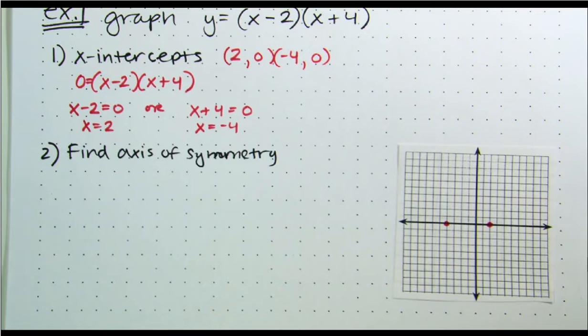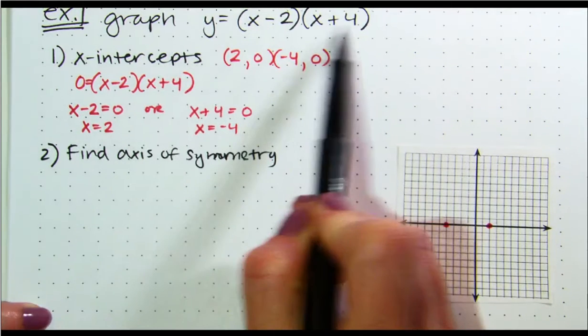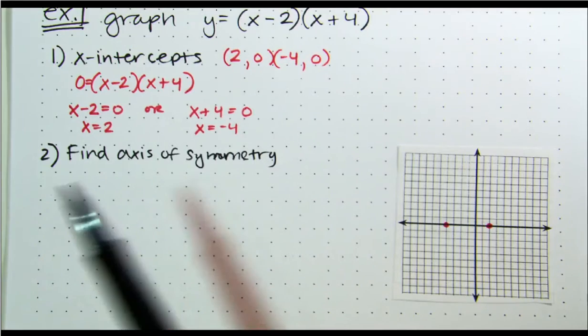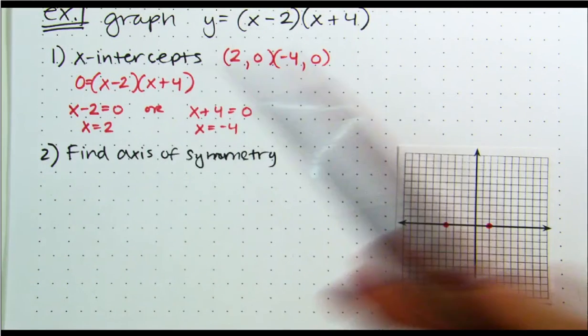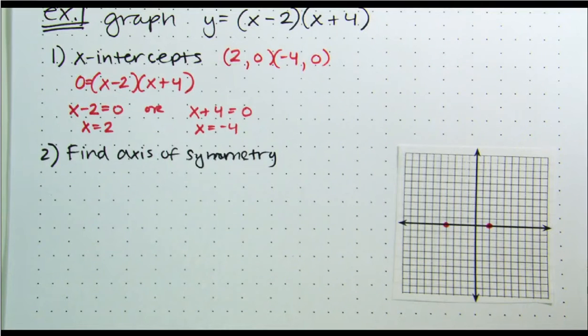The only thing is, this equation is not written in standard form. That's only for standard form. I could simplify this and get it into standard form and then do negative b over 2a, but that's extra work that's not actually necessary. We know that the axis of symmetry cuts the parabola in half. It makes like a mirror reflection.